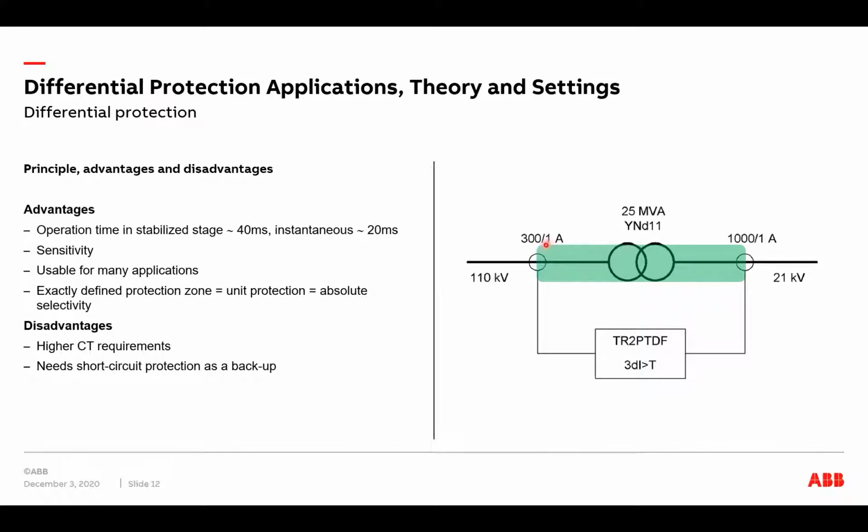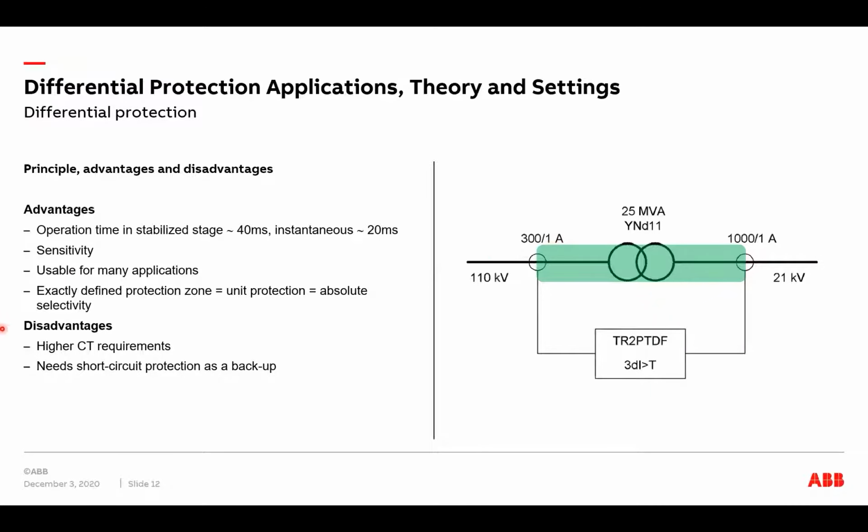And since we are measuring the current on both sides of the transformer, it means also that we have a predefined protection zone here, which is between the current transformers. So we can say that we have an exactly defined protection zone here, which means that it will only operate for faults inside and be stable for faults outside the protected zone.